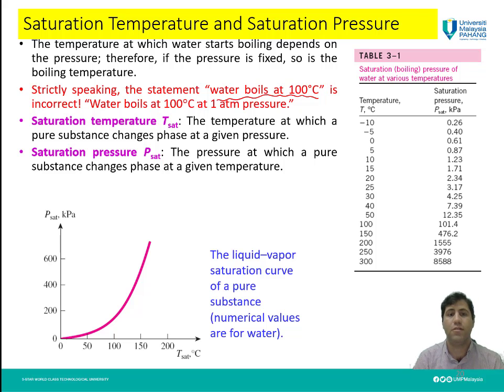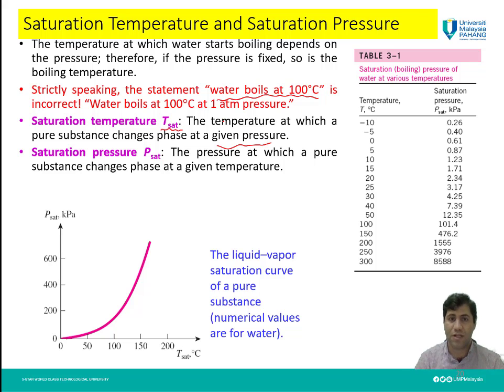Here we also have the graph for that, and we have two different definitions for the temperature and pressure at which this phase change starts. Saturation temperature, or TSAT, is the temperature at which a pure substance changes phase at a given pressure.